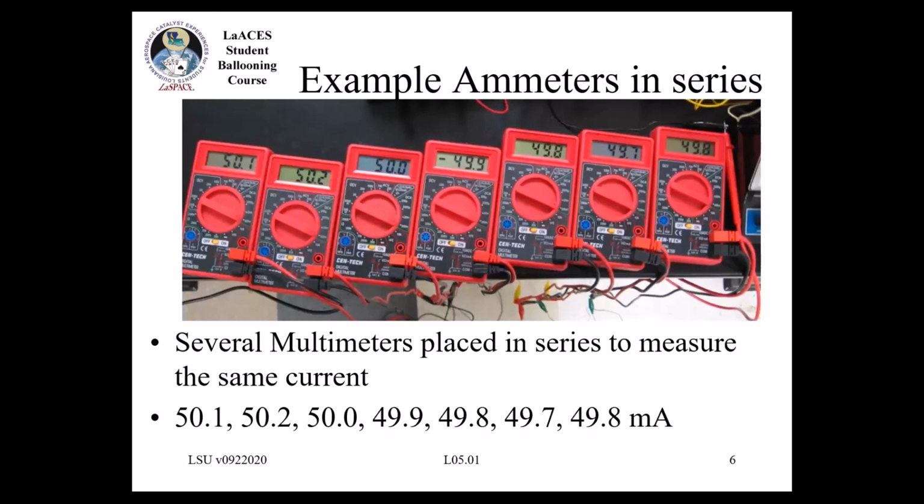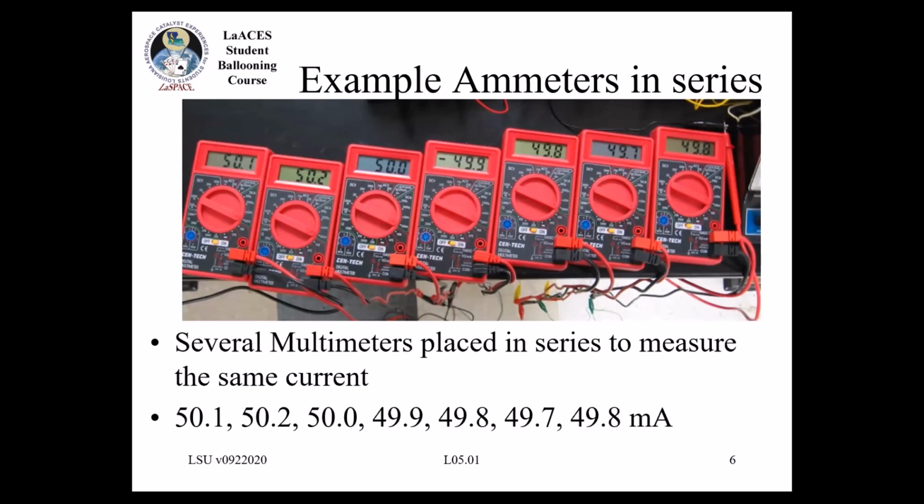So for example, you can put a bunch of ammeters in series and then measure the current going through them. Because they're in series, we know that they have to have the same current going through each one of them, and we can measure that all at the same time.